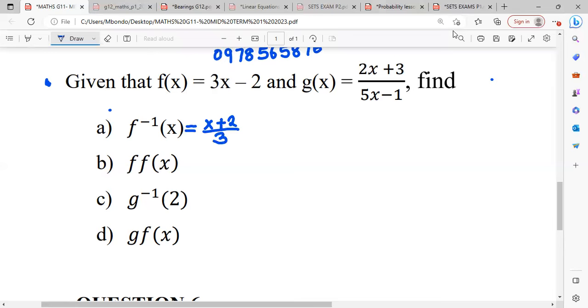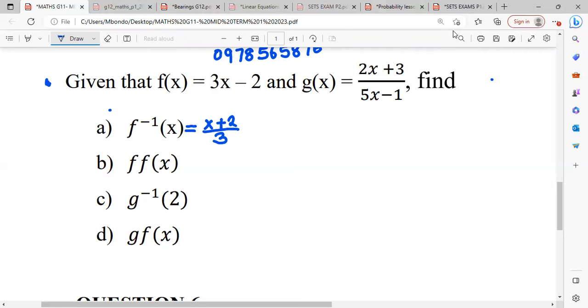I know you are used to that formula where we make x the subject of the function. It's the same thing. There's no difference at all. You can try it to give you the same thing.